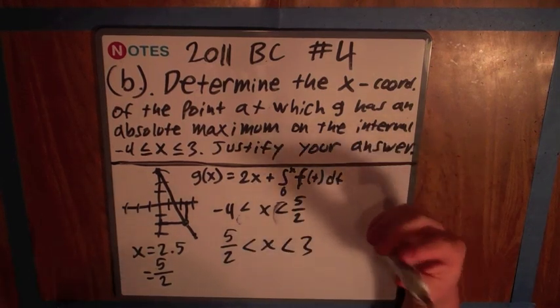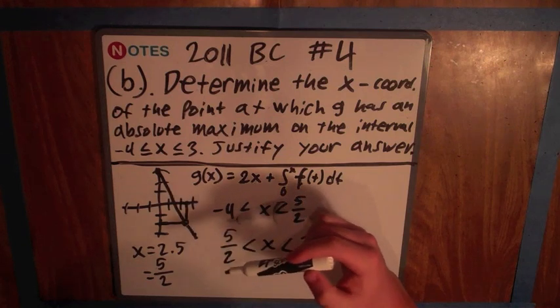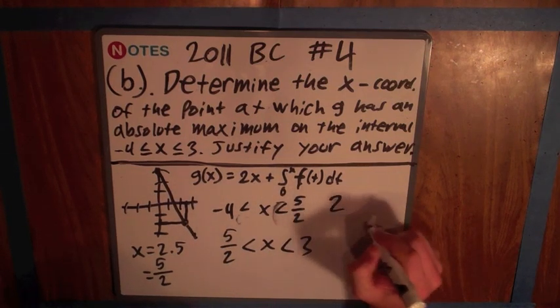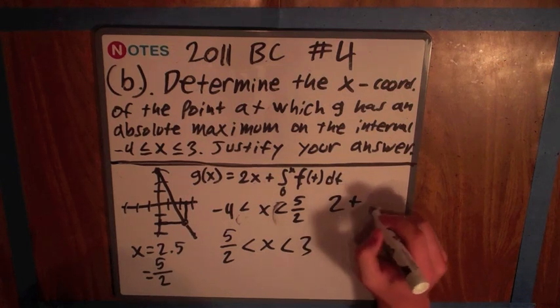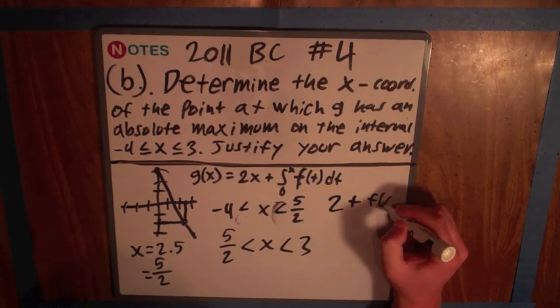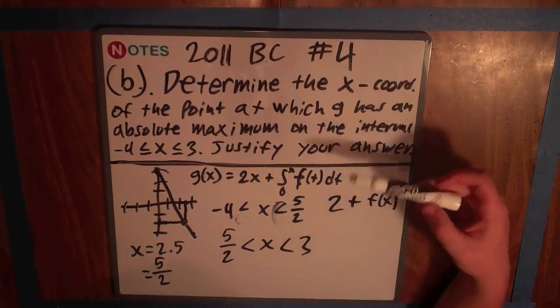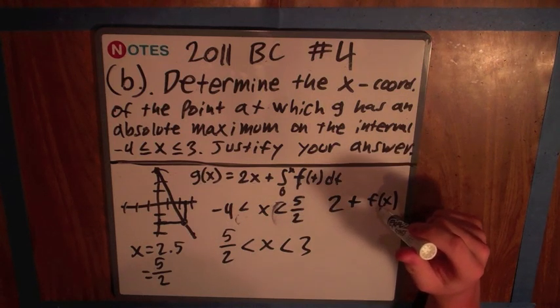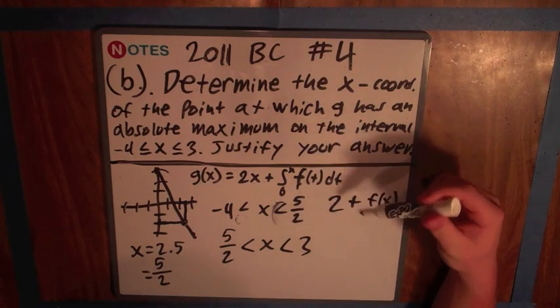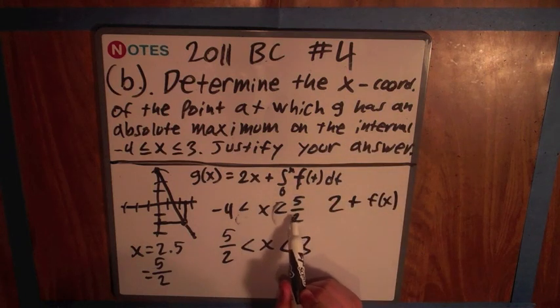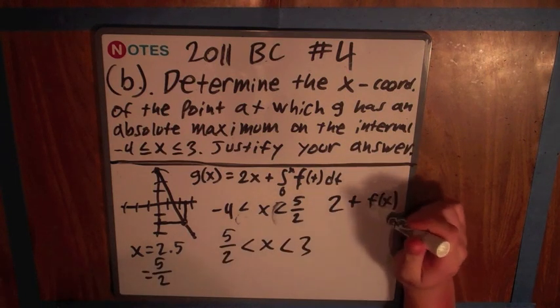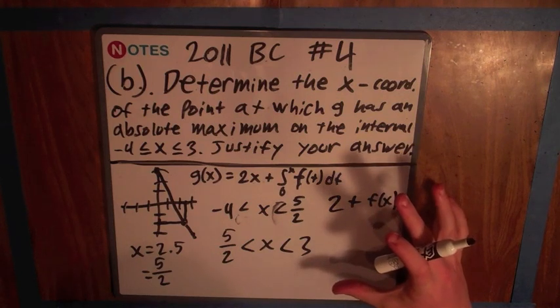So, going back to our graph, we will find that because you have a first value at 2 plus f of x, 5 over 2 will give you -2, and as you decrease in value, this value will increase.